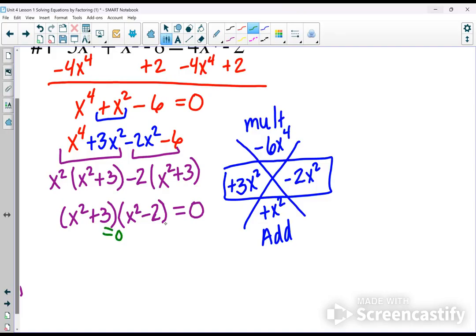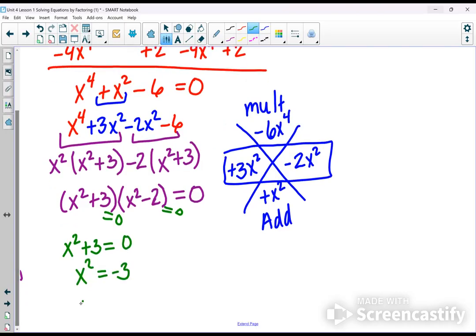Now they're quadratic equations. I like that because I know how to solve quadratic equations. These ones are pretty easy quadratic equations too because I can use my square root method, remembering to account for the plus or minus when I take the square root of both sides, and the i when I take a square root of a negative. I end up with 2 of my roots being plus or minus i square root of 3.